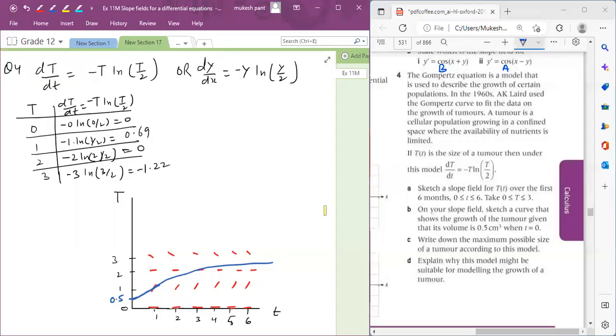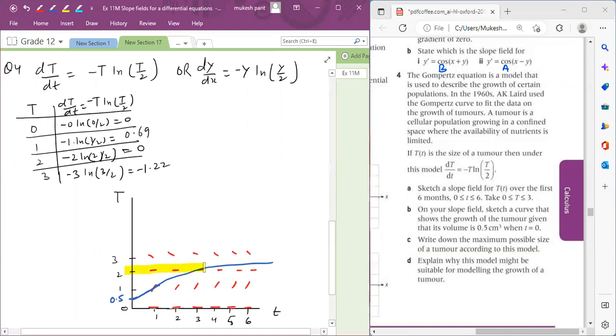Size of tumor. You can see our graph is going like this, but it's not going further, it's around 2. So it's approximately 2. You can write approximately 2.